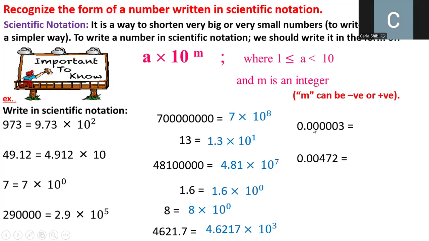I moved it to the right, so I should write a negative power of 10: 3 times 10 to the power negative 6. 0.00472. Also, I should move the point 1, 2, 3, so 4.72 times 10 to the power negative 3, not negative 4. This is a typing mistake.